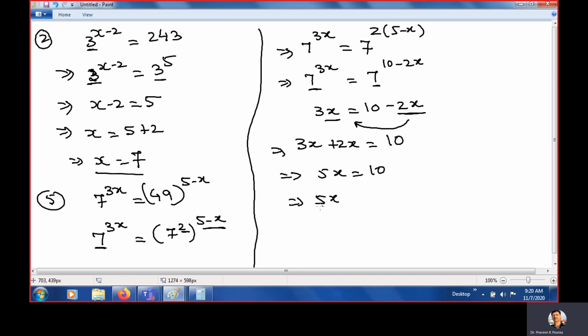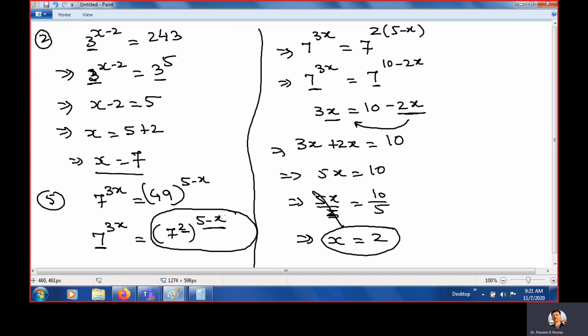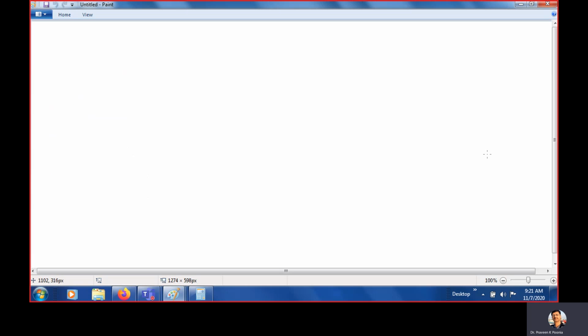Divide by 5. 5 cancelled by 5, x equals 10 divided by 5 is 2. So the answer is 2 in this case. Clear? When we get exponent above exponent, we solve like this: we need to multiply the exponents.